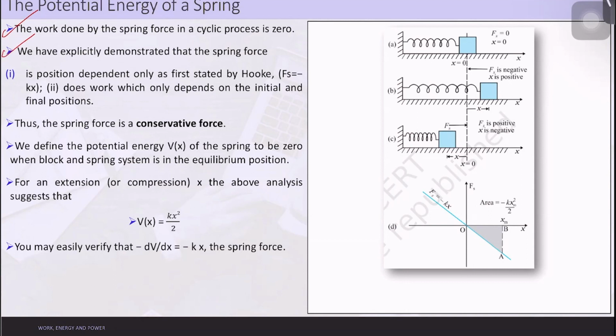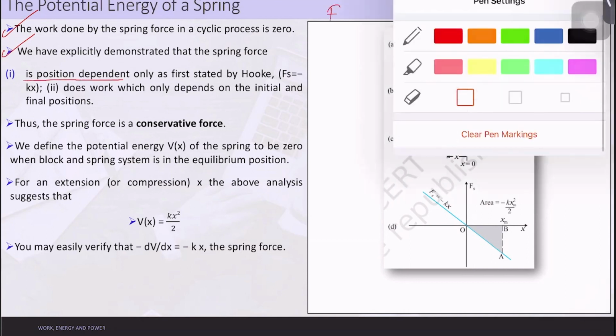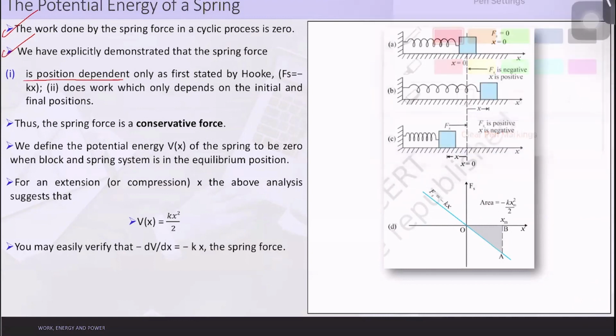We have explicitly demonstrated that the spring force is position dependent. Quite evident, we know why it is position dependent, because we just wrote that the force value is nothing but equal to minus kx. So Fs is directly proportional to x, or we can say that it is position dependent, as Hooke said that F is equal to minus kx.